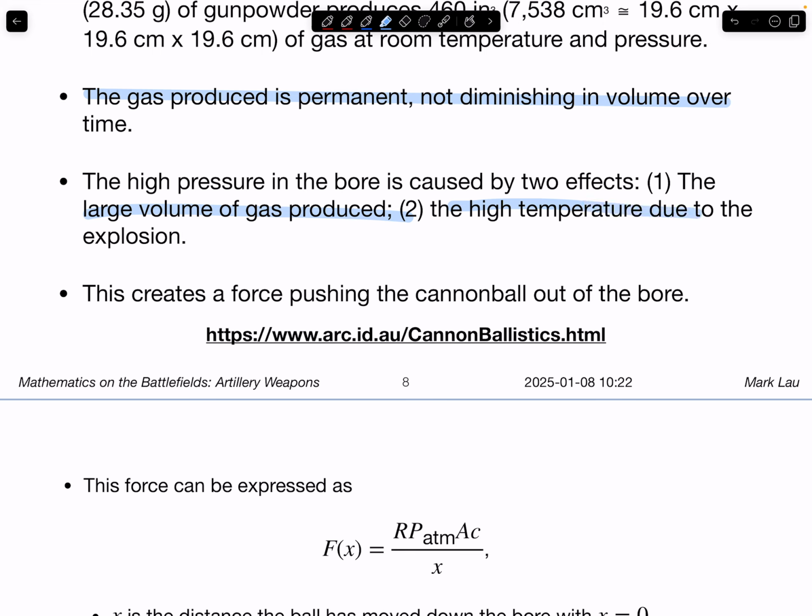I remember this formula. I think PV equals NkT. I think I learned it in physics A levels, three years ago. I don't know if this is the exact formula or not, but let me just check. The pressure is high because volume.